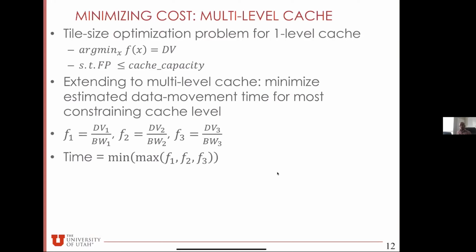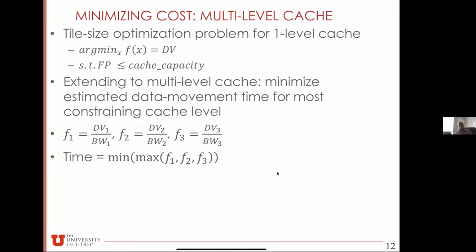So let's assume that the estimated data volumes at 3 different levels, which are all symbolic parametric expressions of tile sizes, are dv1, dv2, and dv3. What we do is scale dv1 by bandwidth 1, dv2 by bandwidth 2, and dv3 by bandwidth 3, which are known parameters for the architecture.